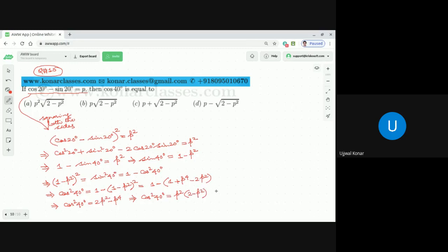So from here we can find the value of cos 40 degree is equal to p into square root of 2 minus p square, plus minus, but I'm not considering the minus because based on the options, we consider option B as the correct one. Correct, my dear students? All of you got it?